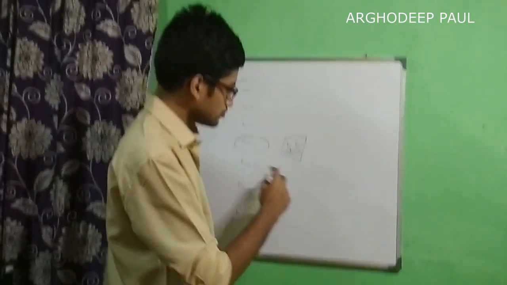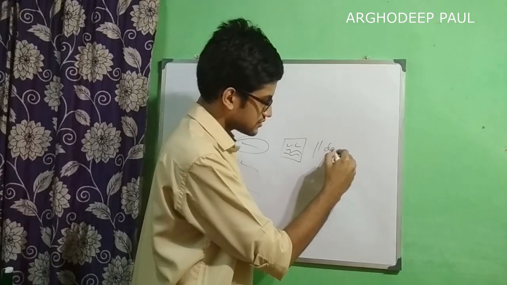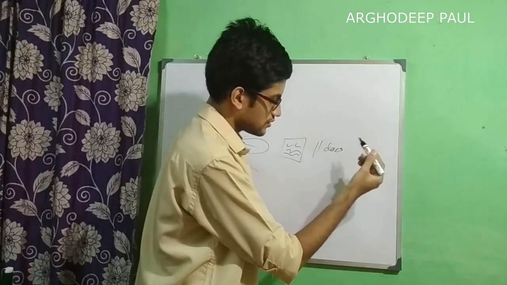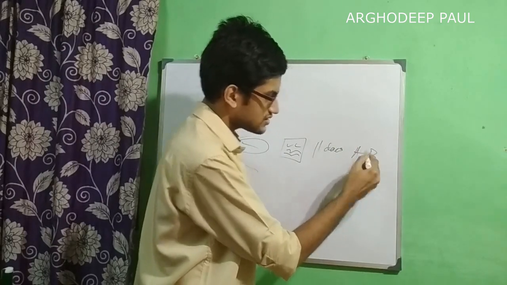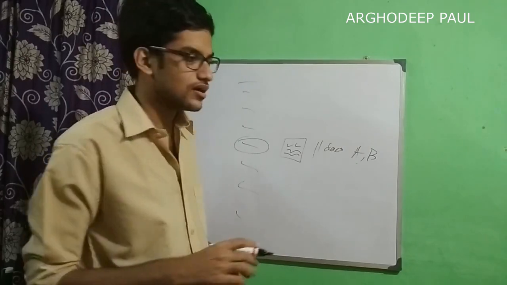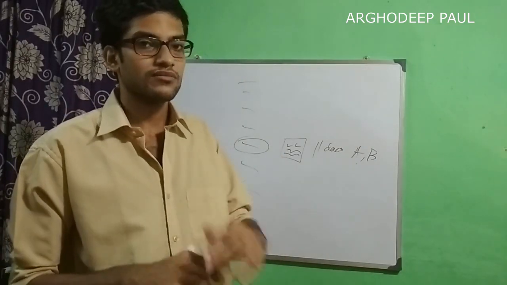To do that, we can use either single line comment, A, or B. These are the tricks. You will not get the idea right now; when I do it practically, it will be clear what I'm talking about.